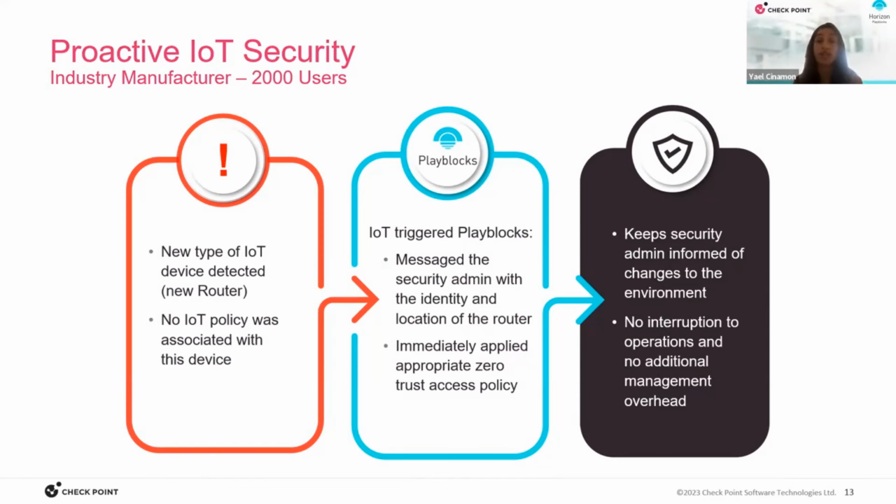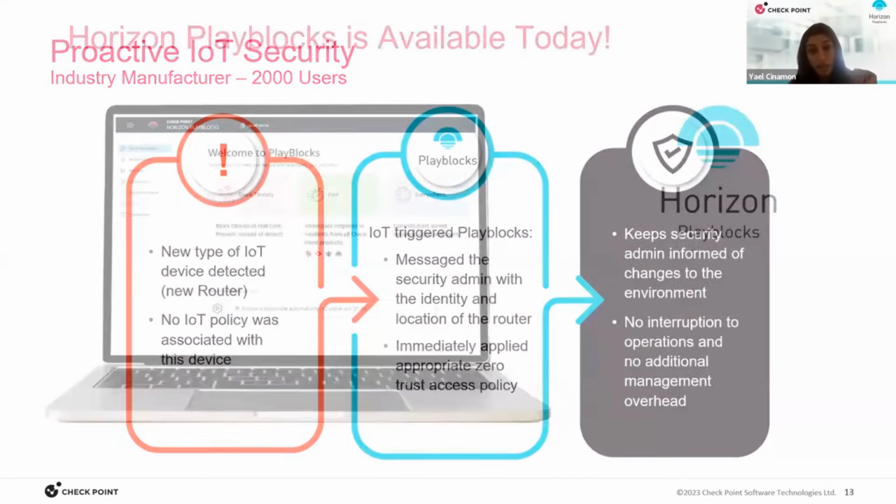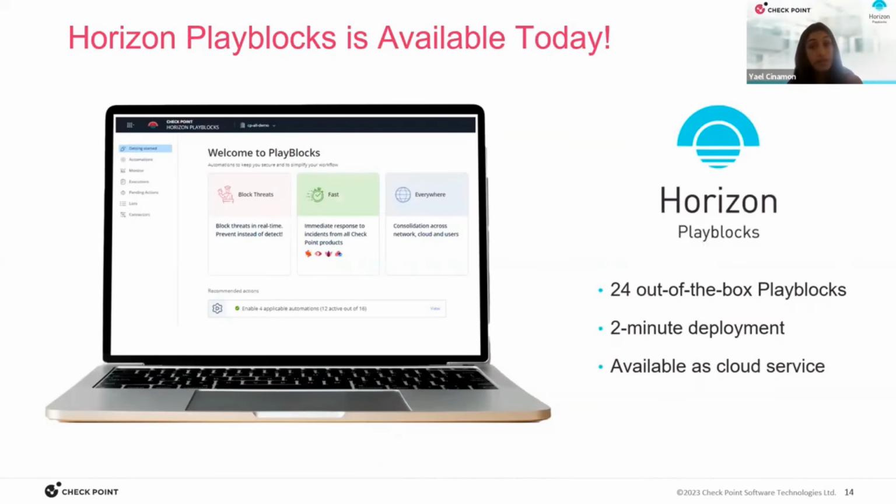All of the needed action happened automatically, and that gave great value in terms of the operational efficiency that is very much needed. So this is just one example of how Horizon Playblocks can help even in the operational aspect of things.